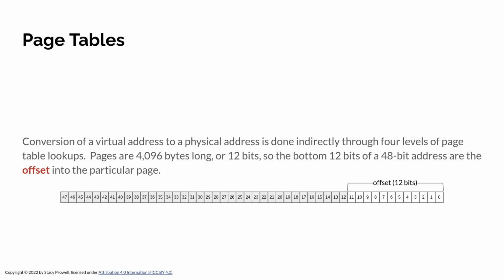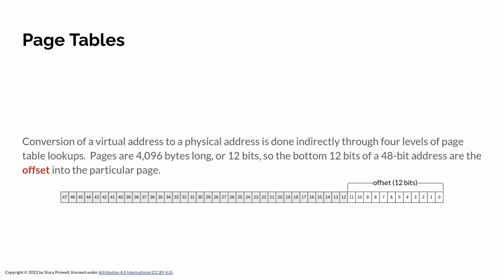Pages are 4,096 bytes long, 4K. That's usually true everywhere, and that's what you should tend to assume. There are other page sizes you can use, but let's just assume for now everything is 4K. That means 12 bits.